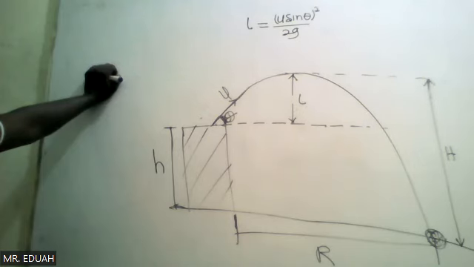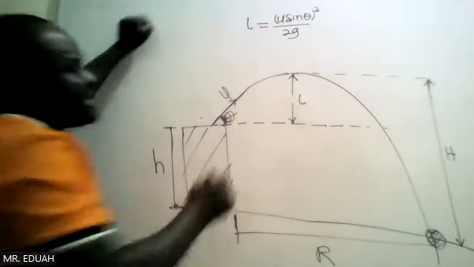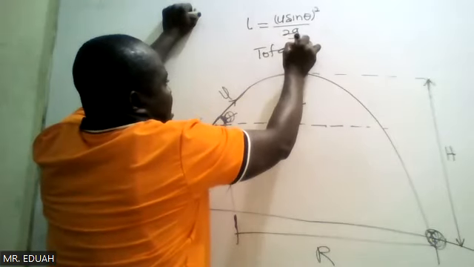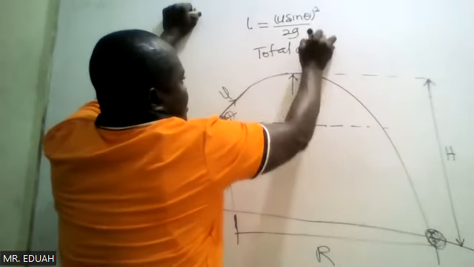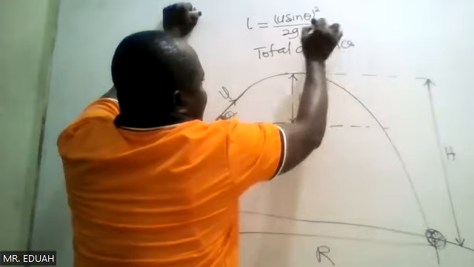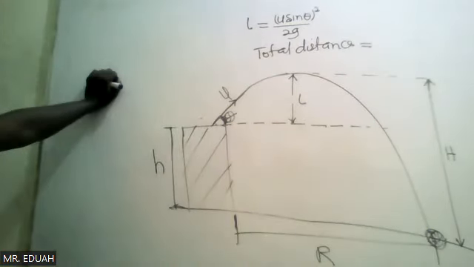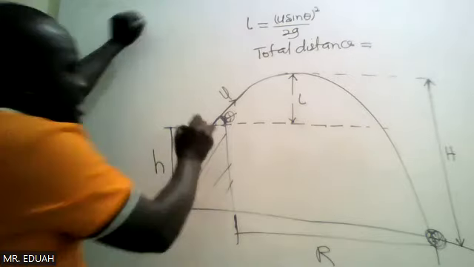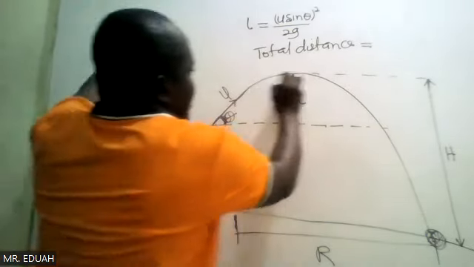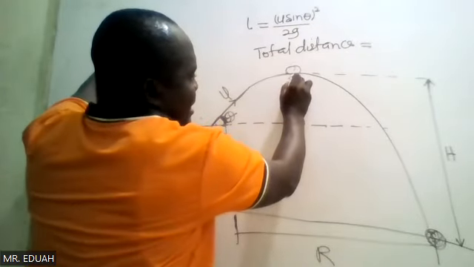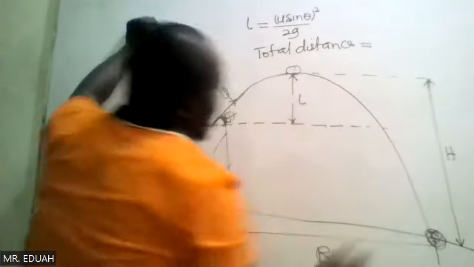So if I'm to determine the total distance, the total distance covered by the projectile when it is projected from a height to the ground would be equal to, look at something, it would have to move from here, come to the maximum height, then from the maximum height, drop to the ground.